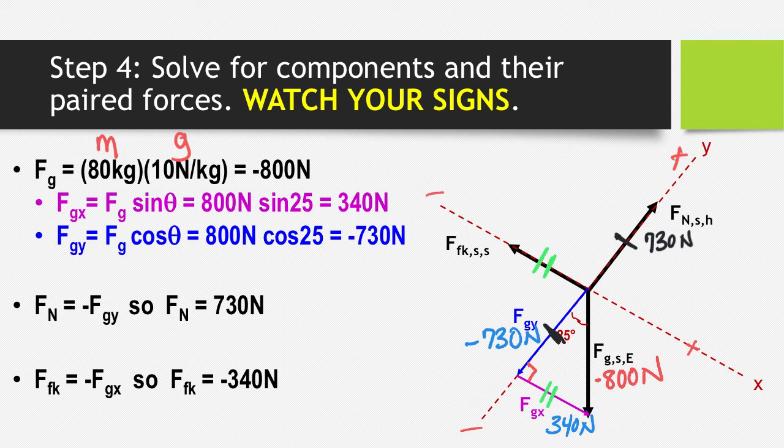It is this FGX, the force of gravity component in that horizontal direction, that is equal and opposite to the frictional force. So if FGX is 340 newtons positive, that frictional force has to be equal magnitude, opposite direction. It has to be 340 newtons negative.